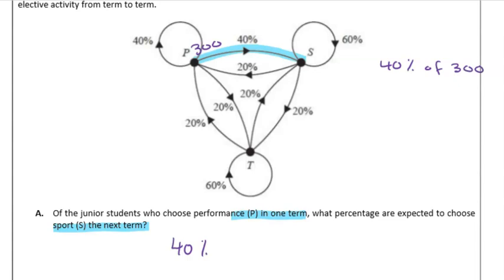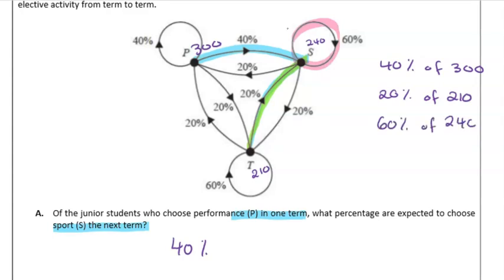Then the percentage that will move from technology to sport: 20% will move, and there were 210 students in technology in term 1. Sport, we were told there were 240 students in sport in term 1, and 60% of those will remain in sport. So 60% of the 240 students will remain in sport. That's the calculation we need to do to hopefully arrive at 306 students total.